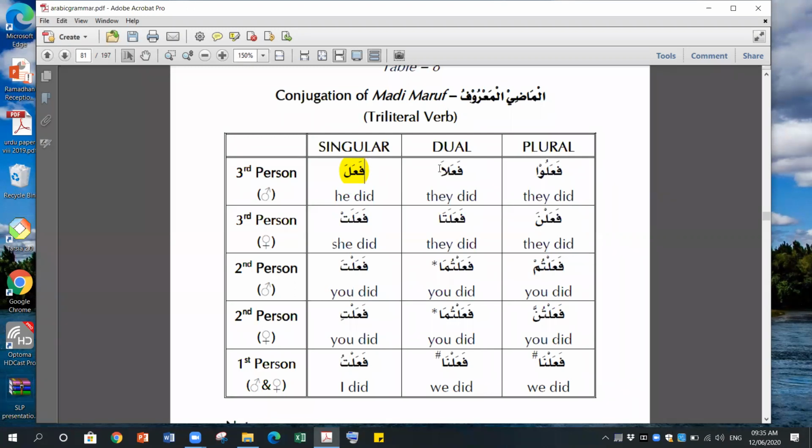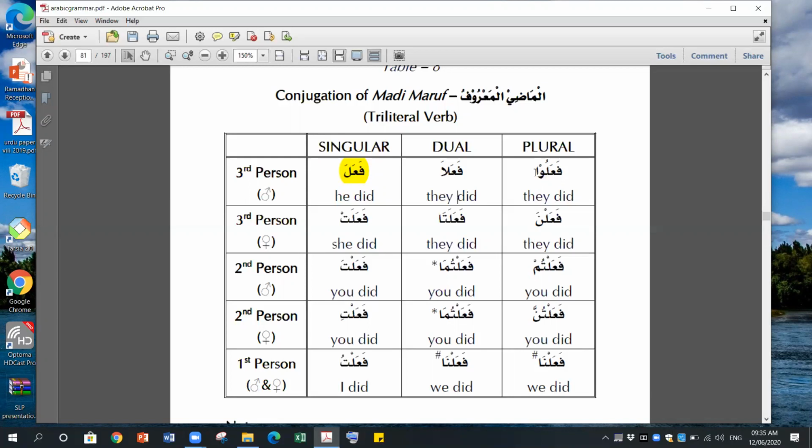Now, when it is dual, you just add one alif. Fa, ain, lam is the same, but we add one alif and it becomes fa'ala, they both did. And plural is fa'alu.